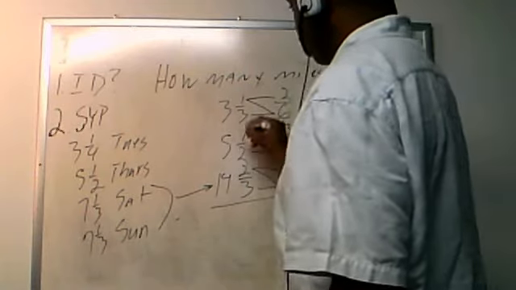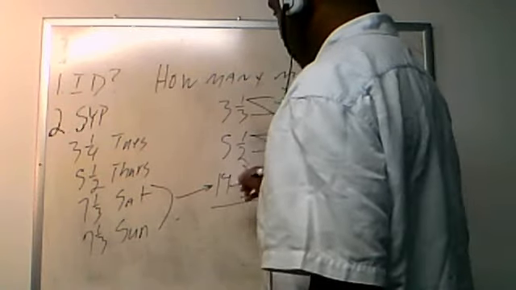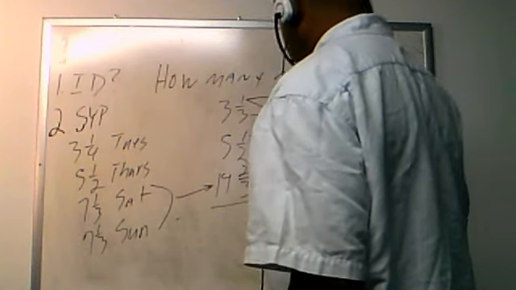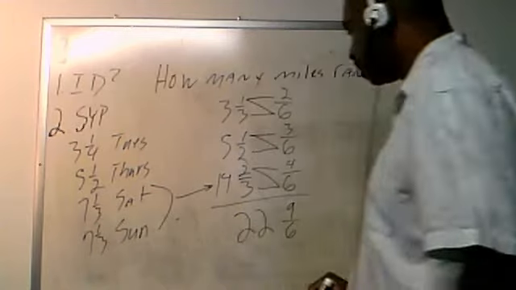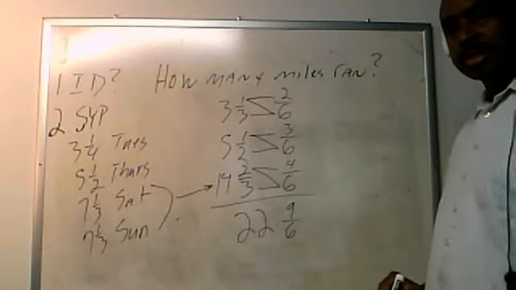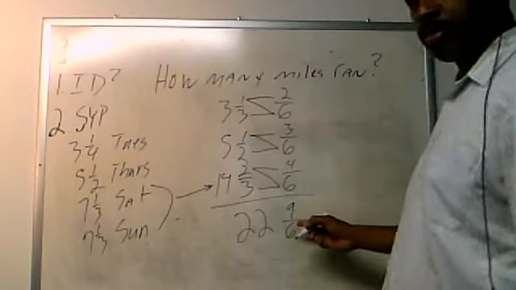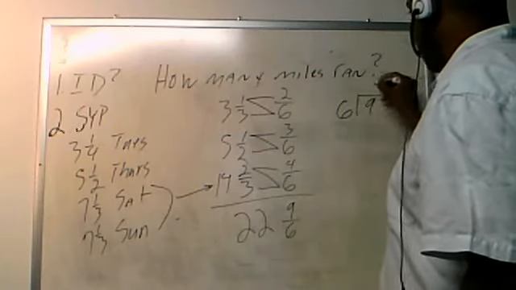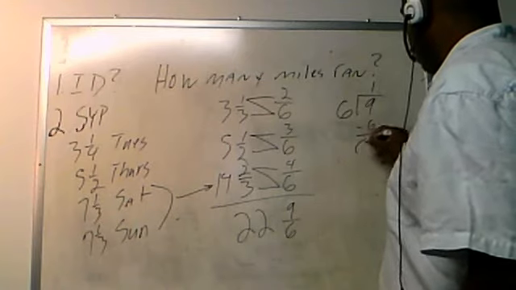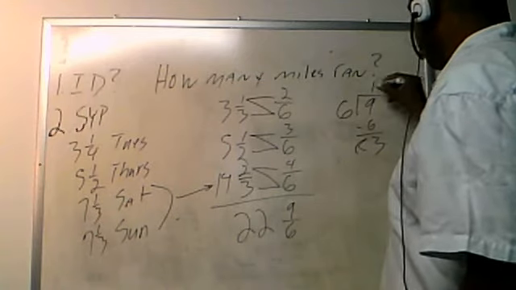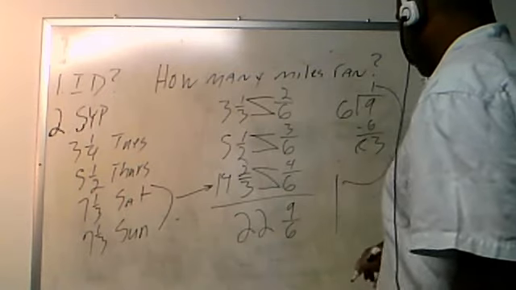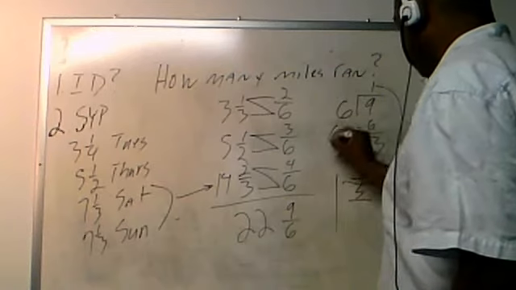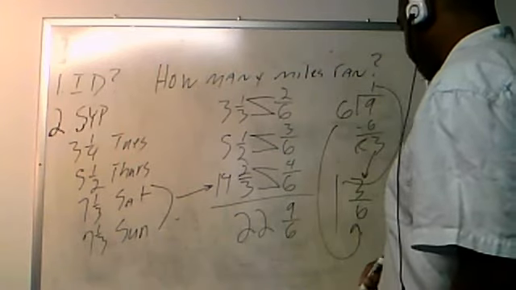Then 3 plus 5 is 8. 8 plus 14 is 22. 22 and 9 6ths. Now, 9 6ths is an improper fraction, so we have to change that into a mixed number. 6 goes into 9 one time with a remainder of 3. The whole number becomes the answer's whole number, the remainder becomes the numerator, and the denominator does not change.